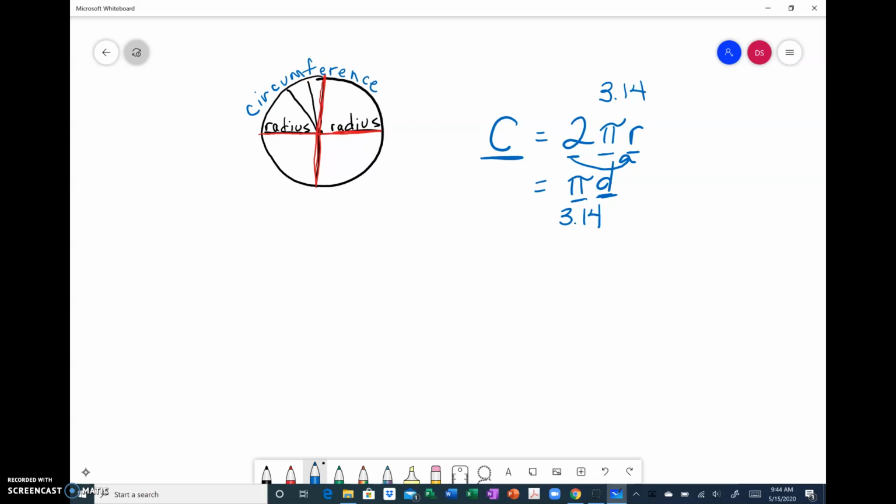Oh, one other thing that is helpful, and I will use it a couple of times in the problems that I'm going to do, and when we get to them, I'll tell you why. But another mathematical answer for pi is 22 sevenths. You can use your calculator for this whole end of chapter 11.